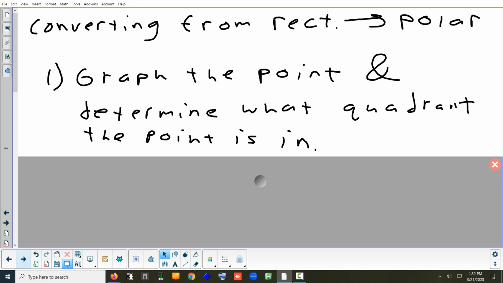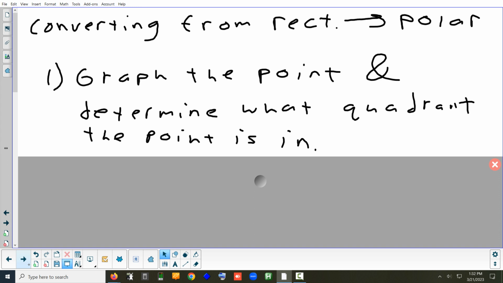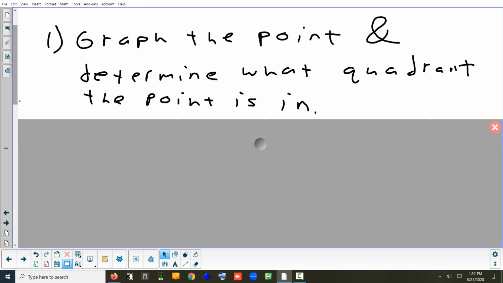So first thing we need to figure out is what quadrant the point is in. Not so much for the r. For r, you can always just use the Pythagorean theorem. But for theta, it does depend on the quadrant it's in.